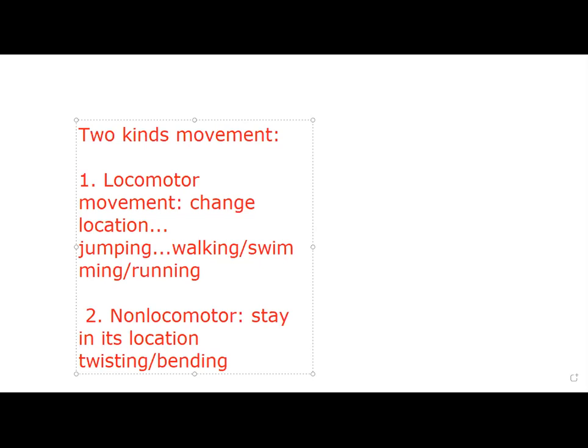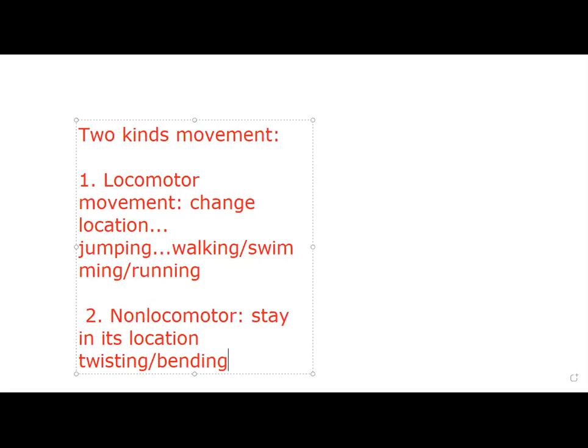Look at me please in the cam. This is a non-locomotor movement because I am staying in my location, in my place. I don't move from place to place. This is non-locomotor movement. I just move my body but not from place to place.